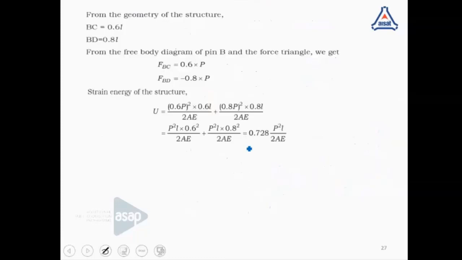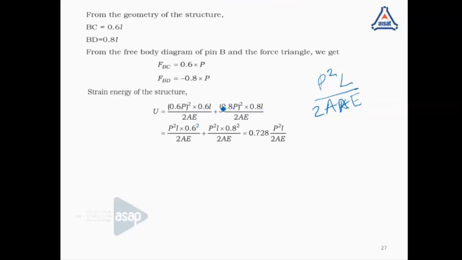For determining the strain energy, we use the expression V square L by 2 A E. Here the force is 0.6 P and the length is 0.6 L, over 2 A E. The material and the cross section are the same, so those are taken as constant.